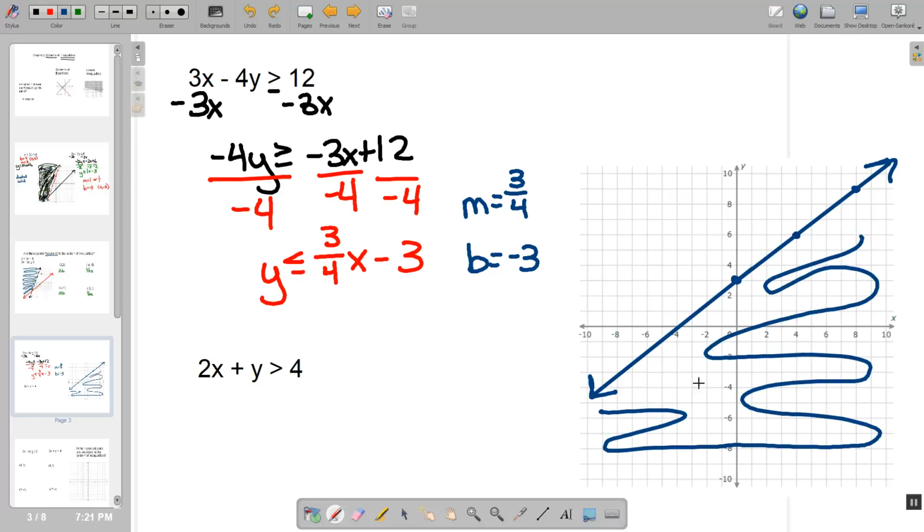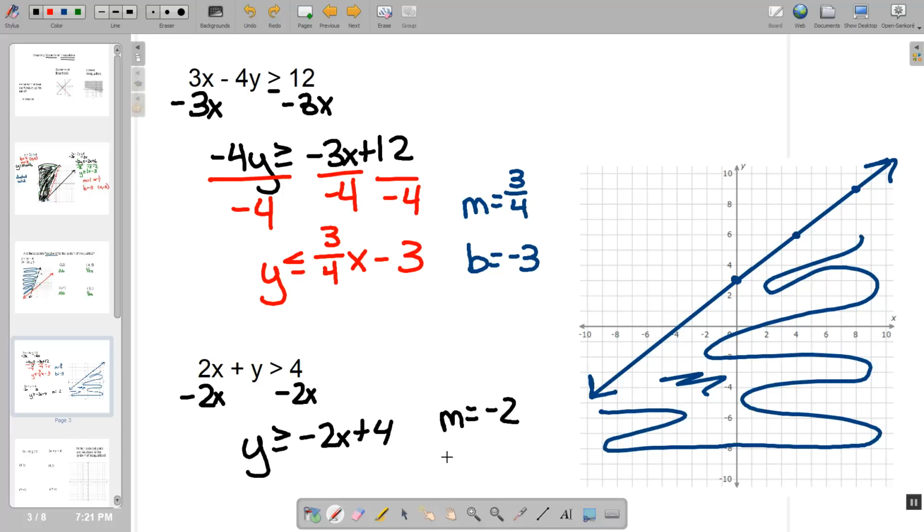Now I'm not going to shade too heavily because we know the shading is going to come for the other line as well. From here, I also need to get this in y equals mx plus b form. So I subtract 2x from both sides. I get y is greater than or equal to -2x plus 4. So that means my m is -2 or -2/1.